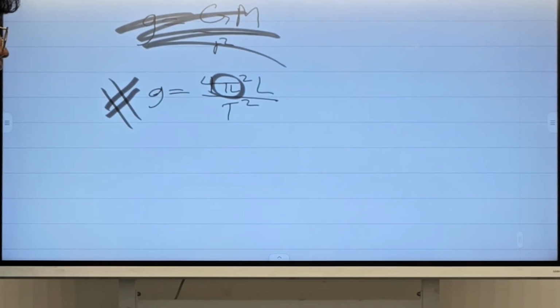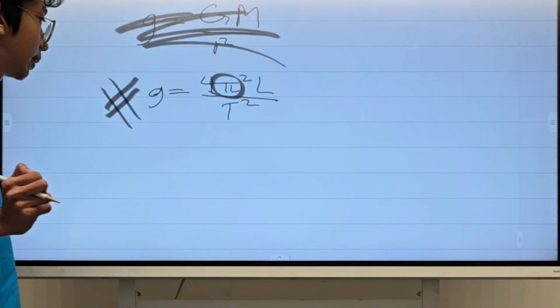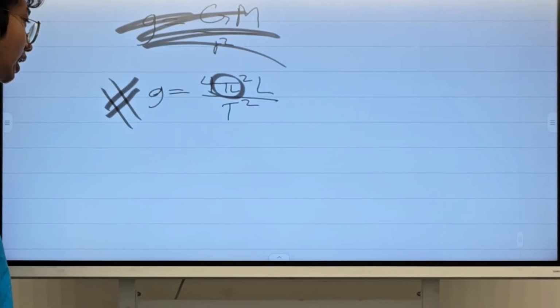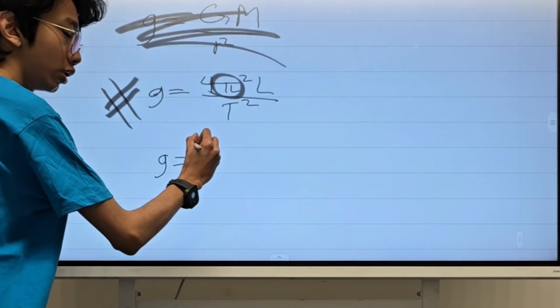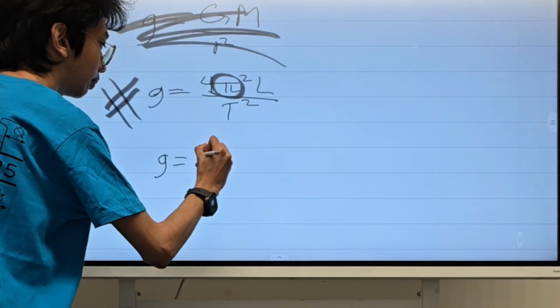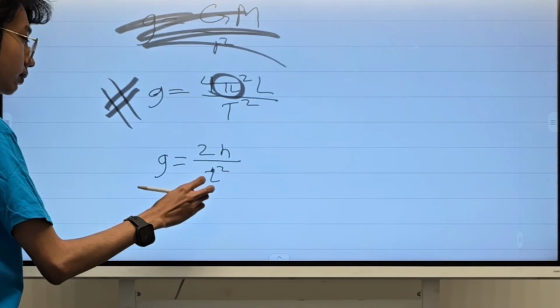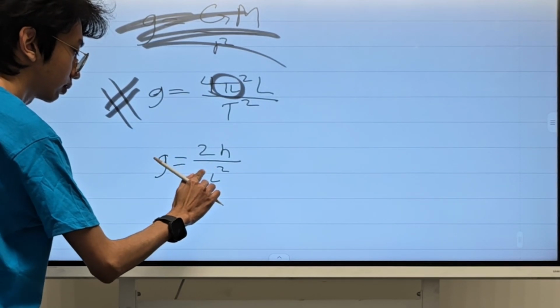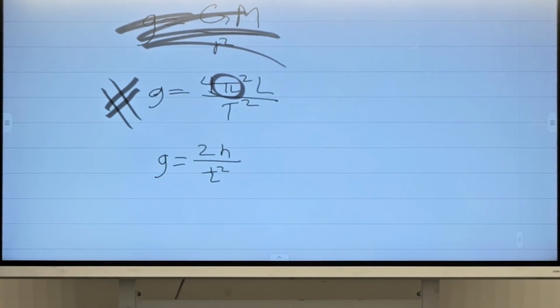Well, we also have an equation that Galileo himself kinda came up with. g is equal to 2h by t squared, and we are going to use this equation to find g.